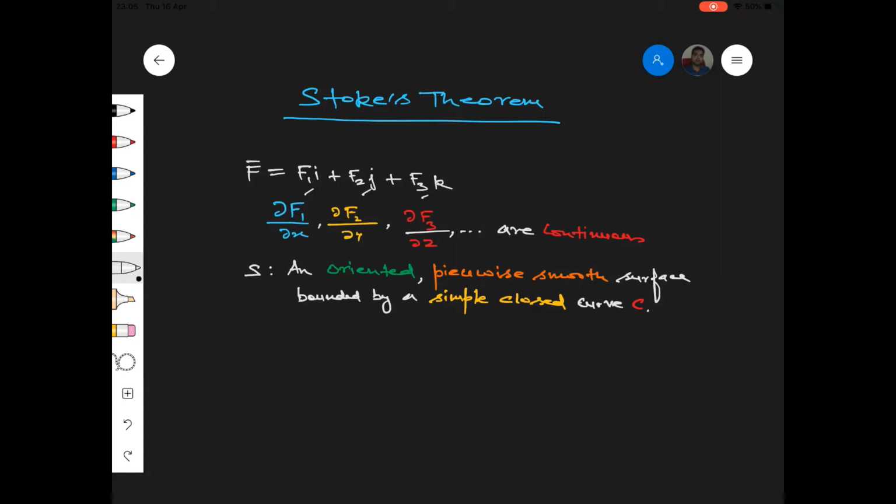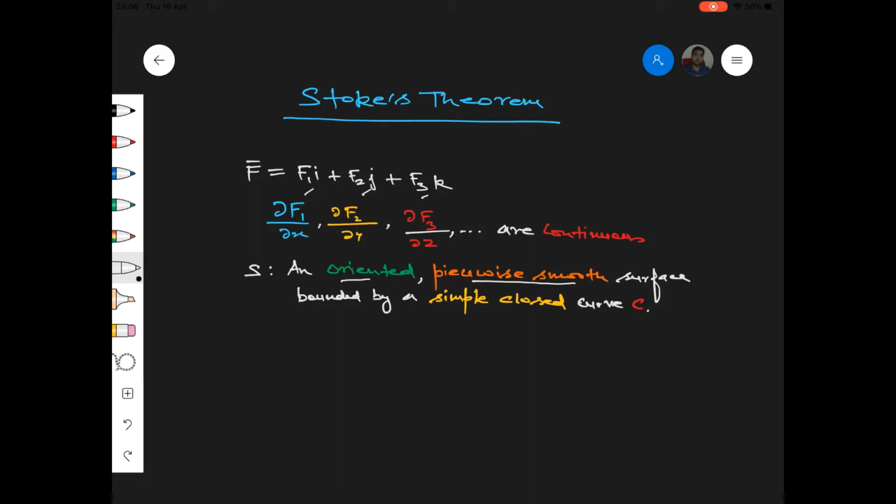And in addition to the continuity of the individual components of the vector field, we need an oriented, piecewise smooth surface which is bounded by a closed curve C.